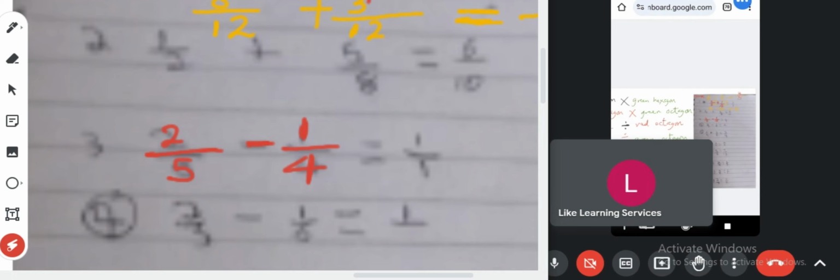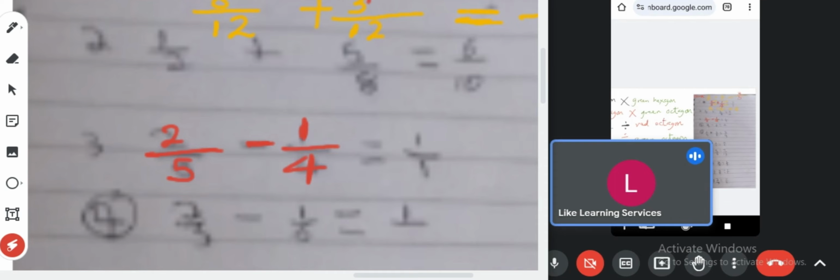You have to see a number that you can multiply 5 with, and also look for another number to multiply 4 with. And then I'll get the same answer. So I multiply 5 with a number and get an answer. I multiply 4 with another number and get another answer, which must be the same.